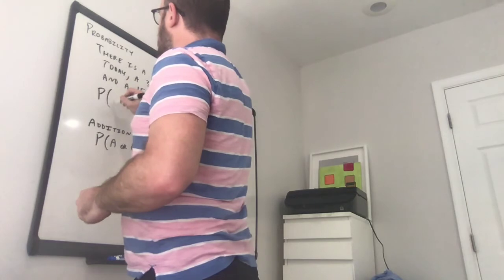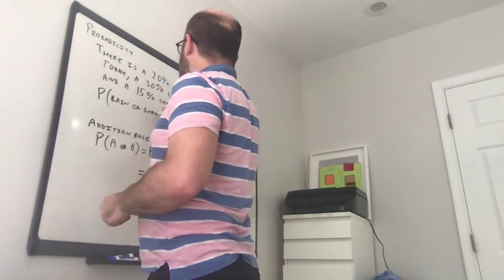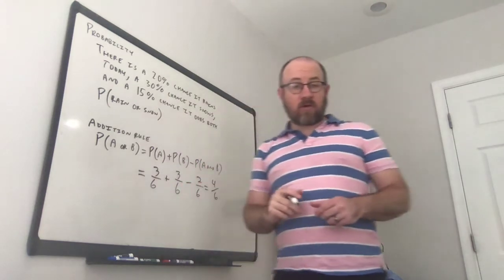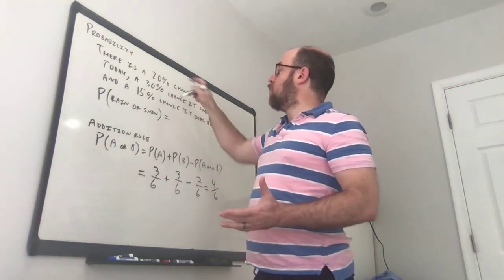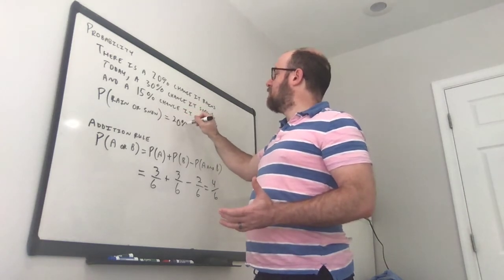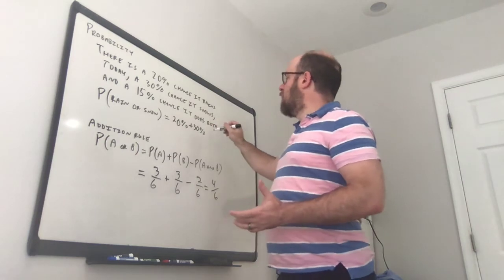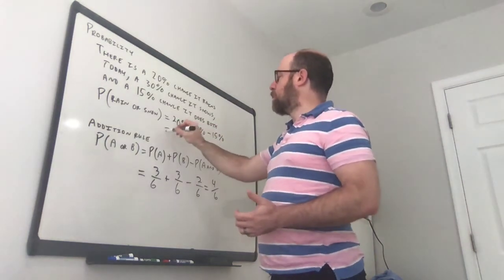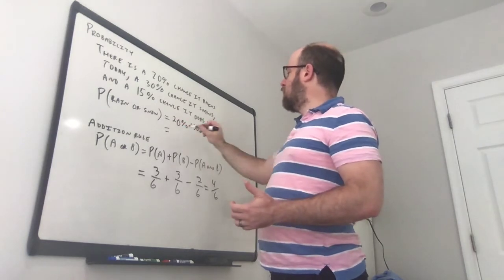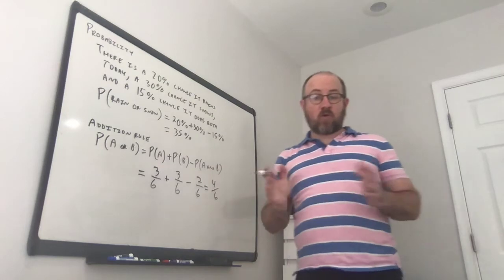Well, then the probability of rain or snow, right, the probability that you get one or the other, or possibly both, is going to be the probability you get rain, 20%, plus the probability you get snow, 30%, minus the probability of both occurring. Okay? So in this case, 35% chance of rain or snow.